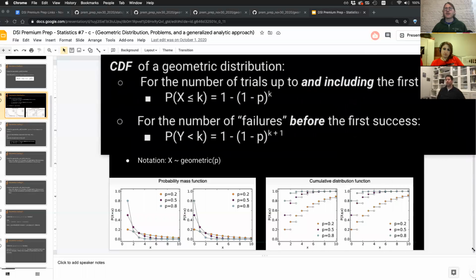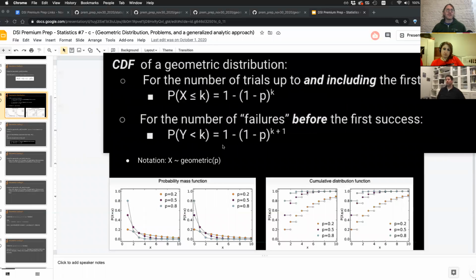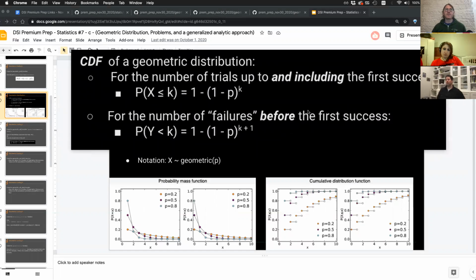It's not as nice in its mathematical language, but when we're thinking about this, again, we've got inclusive versus exclusive. We've got inclusive up into and including the first success. We have a very simple CDF, right? Well, for both of these, we have a very simple CDF.